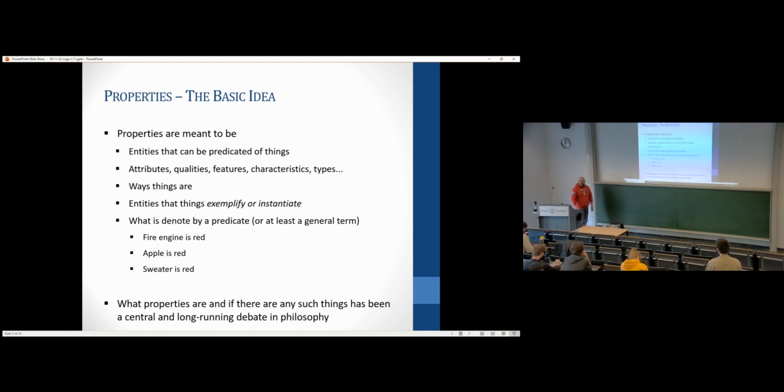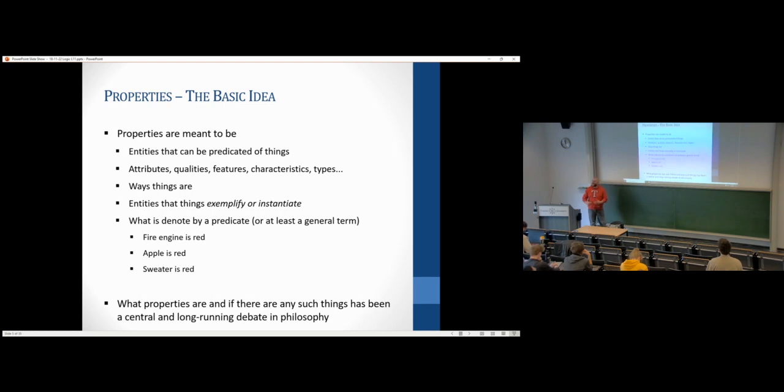Related to this notion of predication, properties are meant to be entities that things exemplify or instantiate. Courageousness, or ingenious, beloved of the gods. Again, things that you instantiate. And finally, coming back to our opening thing, properties are often thought to be what predicates denote or express.